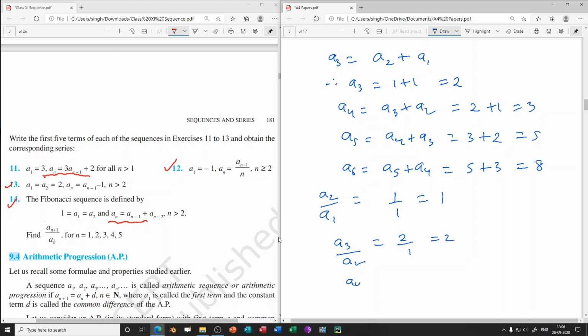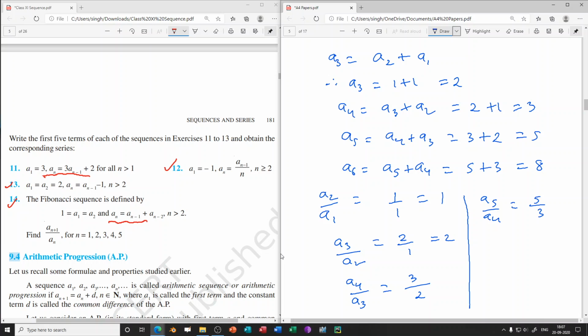Next is a4 by a3. a4 is 3 and a3 is 2. So 3 by 2. Next, a5 by a4 equal to, a5 is 5, and a4 is 3. So 5 by 3.